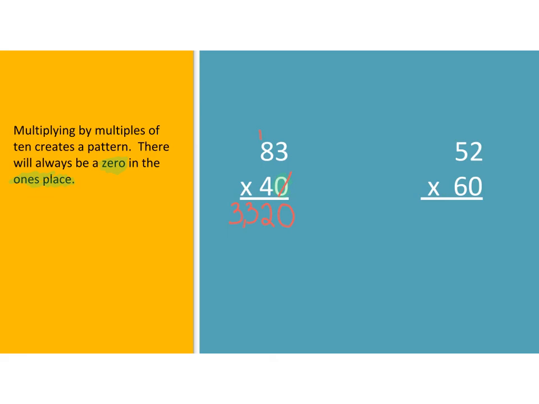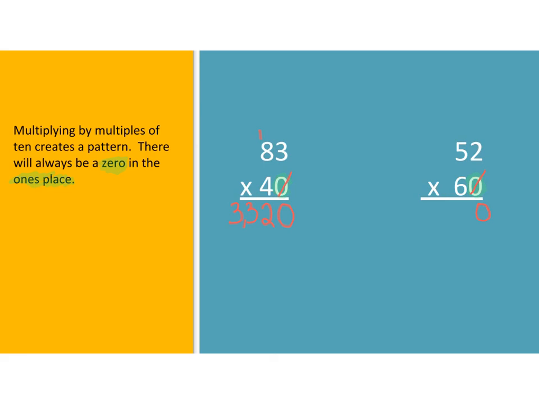Now let's look at 52 times 60. Again, I see a 0 in the ones place. So instead of multiplying 0 times 2, which is 0, and 0 times 5, which is 0, I'm just going to put a 0 as a placeholder and move on to my number in the tens place to multiply.